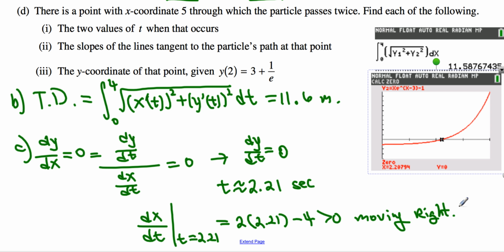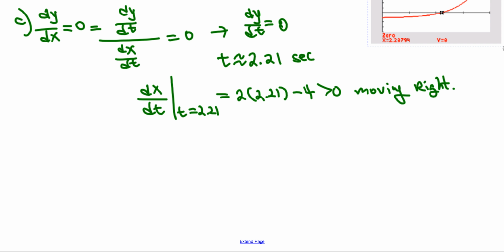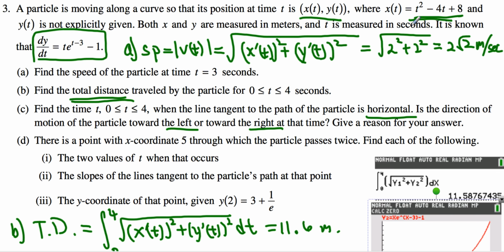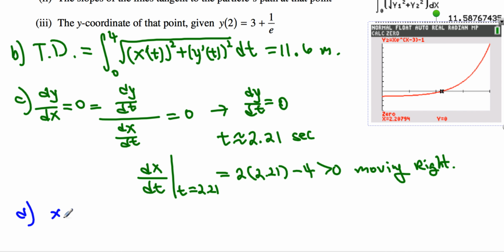All right, so part D. There is a point with x-coordinate 5 through which the particle passes twice. Find two values of t when that occurs. So let's look at it. The x-coordinate is 5. So x of t has to be equal to 5.